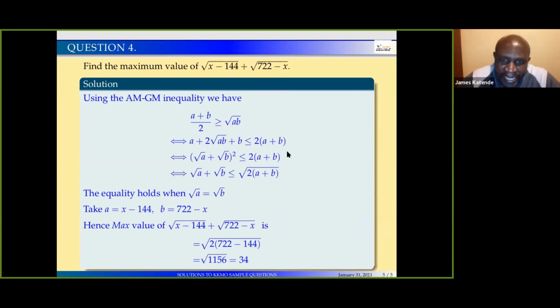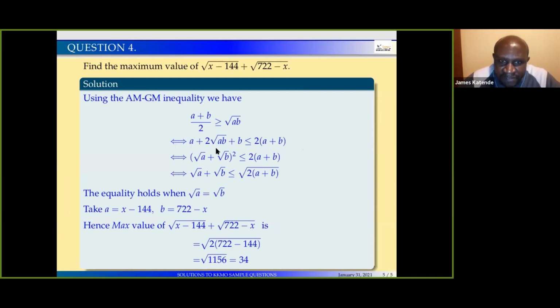So if we add A plus B to both sides, on one side we have 2 root AB plus A plus B. On the other side, we have A plus B, and adding another A plus B, we get 2 of them. That's how we end up with this second inequality.